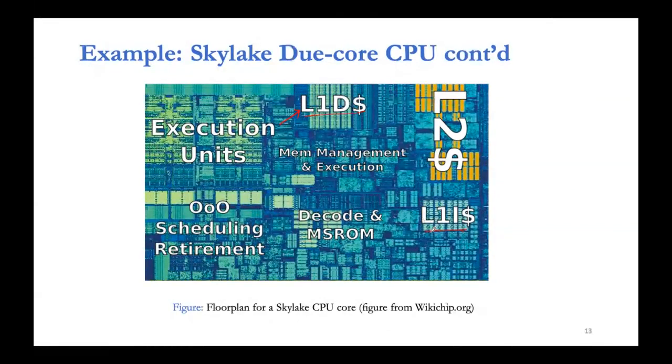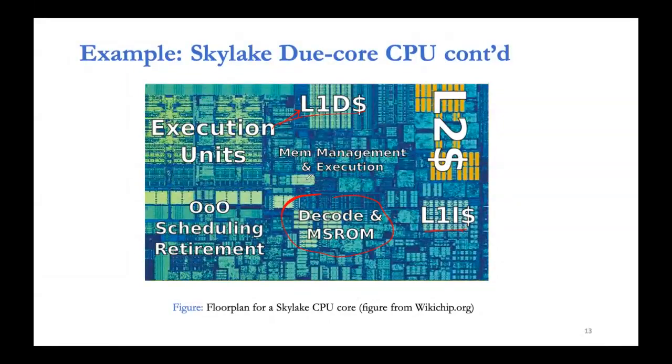Once the L1 instruction cache has some data, there is another unit which decodes that instruction, and the decoded instruction is supplied to the execution unit. For that instruction, the execution unit requires data, so that data will be retrieved from your L1 cache.